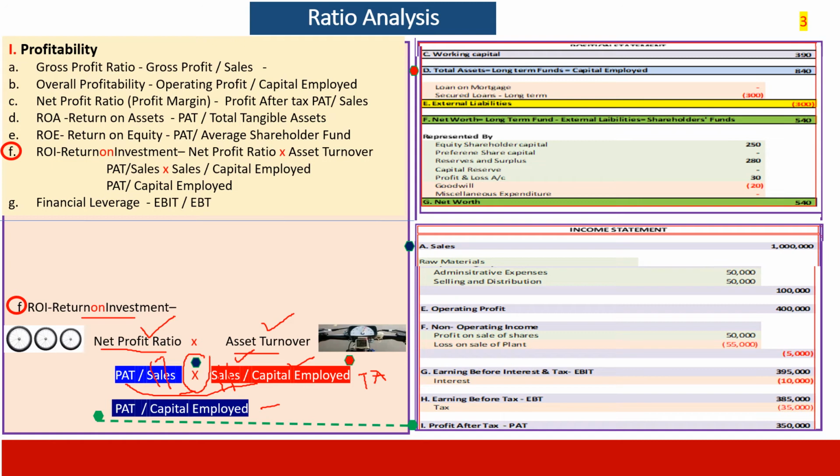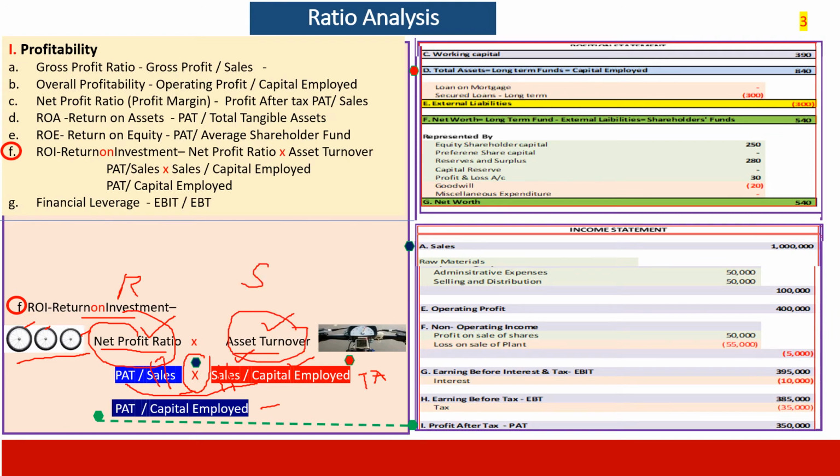Net profit ratio talks of the size of operations. Is it a small wheel which covers a small distance, a slightly bigger wheel, or a bigger wheel? Net profit ratio is profitability, whether it is high or whatever it is. This is the rate. And asset turnover talks of the speed.